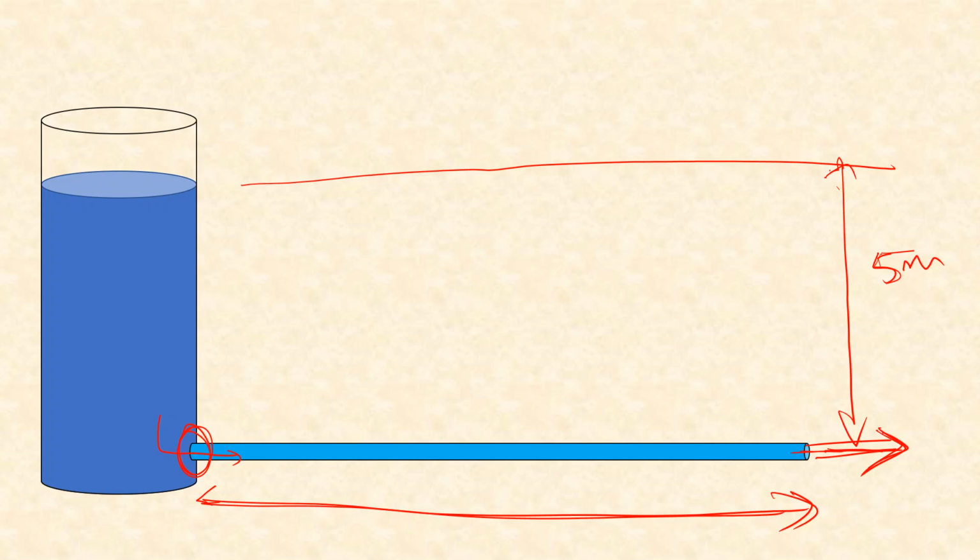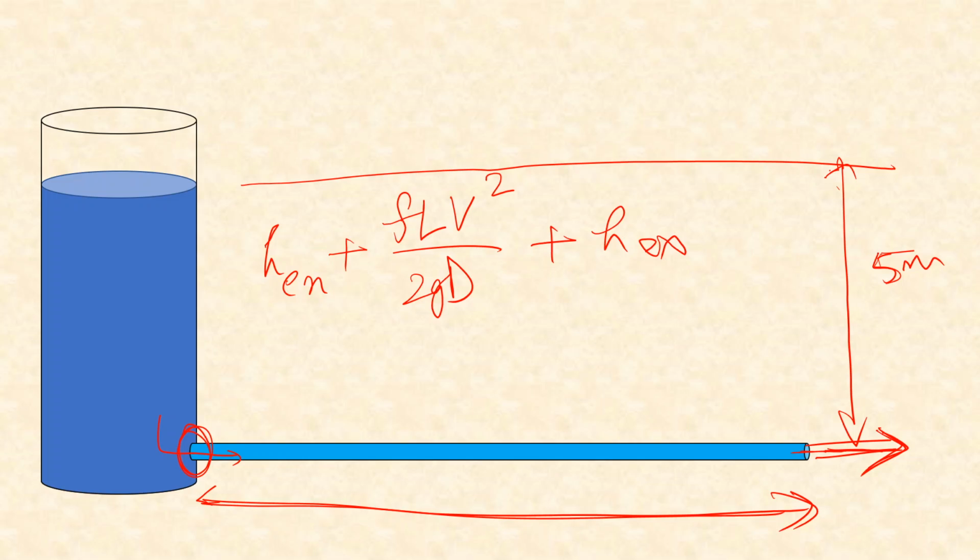So therefore the equation will be simply: head loss at entry plus head loss inside the pipe over the entire length L, and head loss at exit is equal to 5 meter.